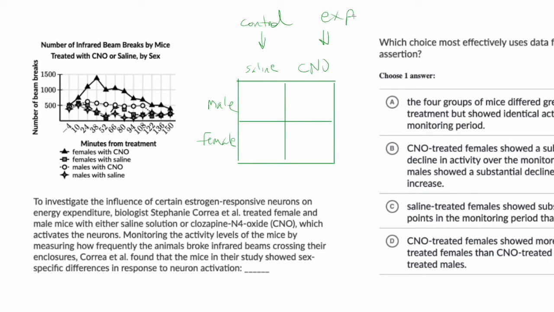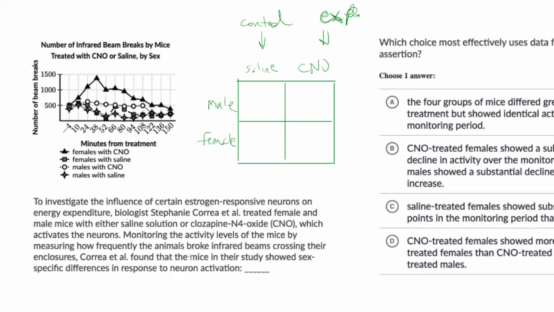But the control group and the experimental group, you've got to give them something so it's not a giveaway that these people didn't get medication at all. In this case, the saline solution would be essentially like the placebo. It's not something that's going to have a big impact on energy expenditure or estrogen responsive neurons.